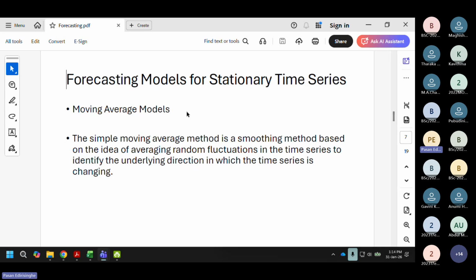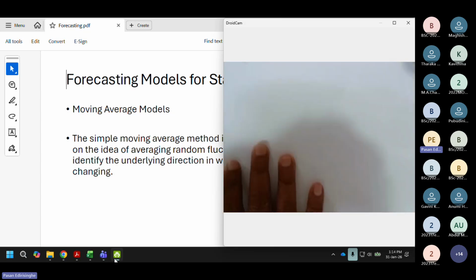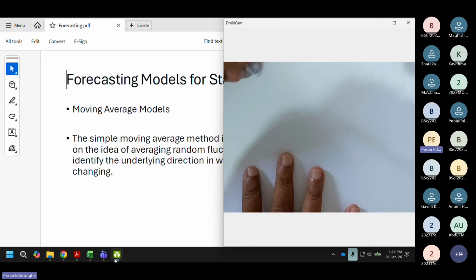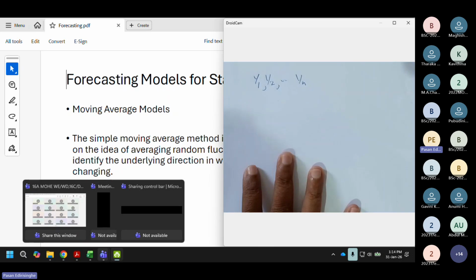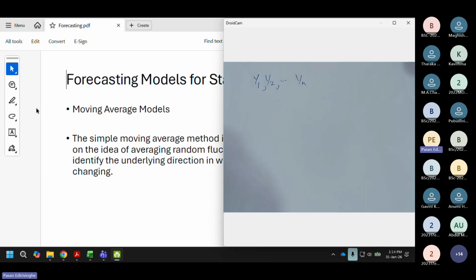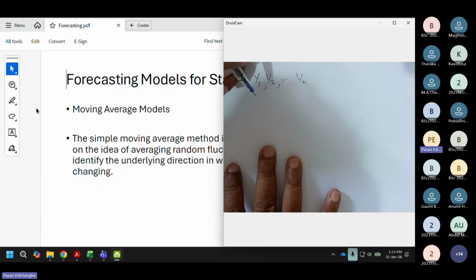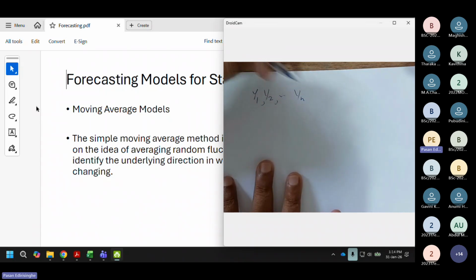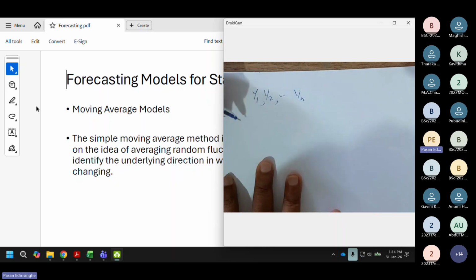So let's start from the moving average concept. If you take a time series data set with observations y1, y2, up to yn, we know that these are time dependent data.